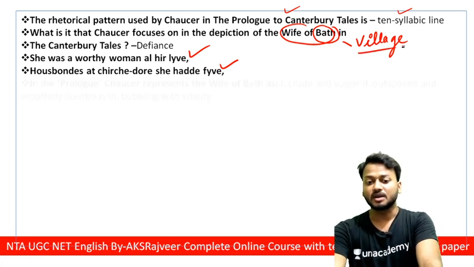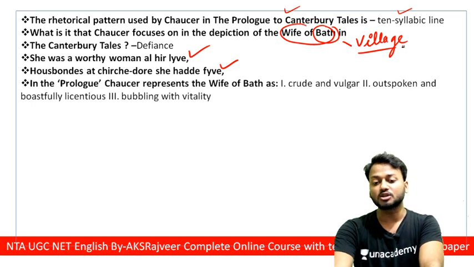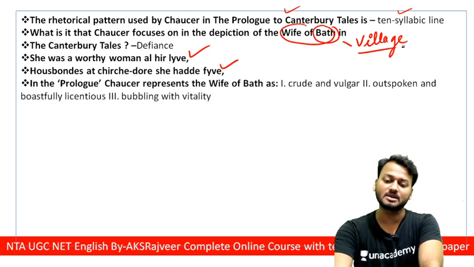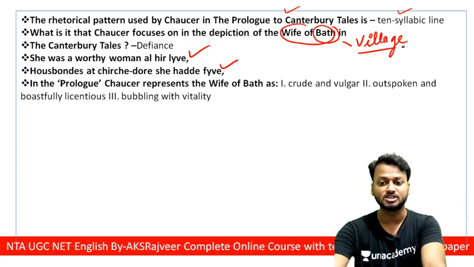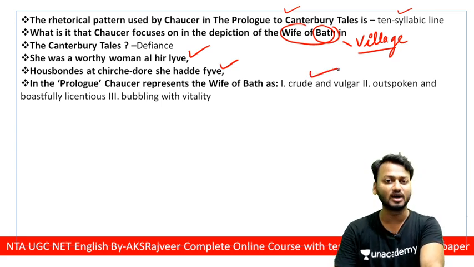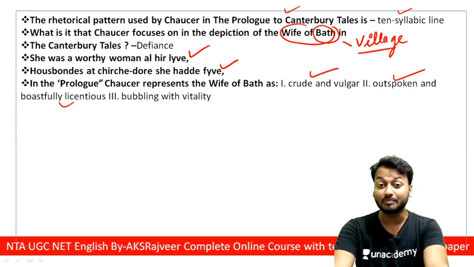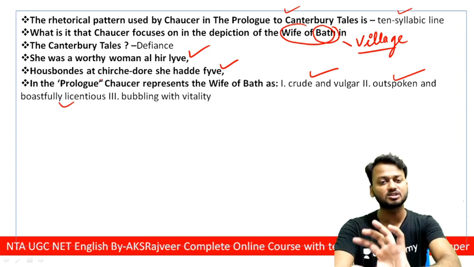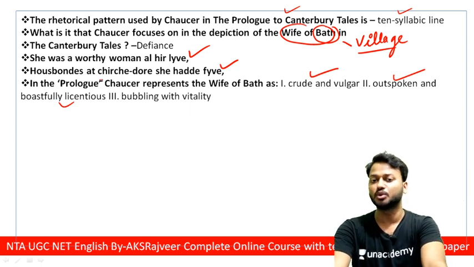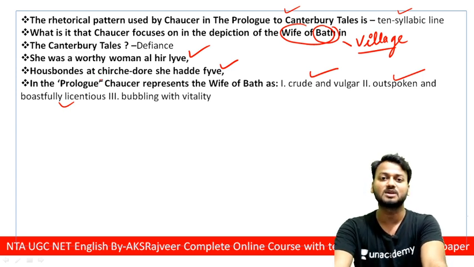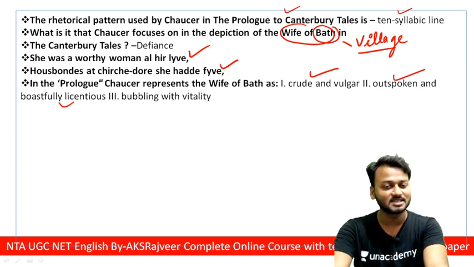Now see the next point. In the Prologue to the Canterbury Tales, Chaucer represents the Wife of Bath as a crude and vulgar lady, outspoken and boastfully licentious, and bubbling with vitality. These are the three points that were in your UGC NET exam, and there was also a fourth point, which was incorrect.